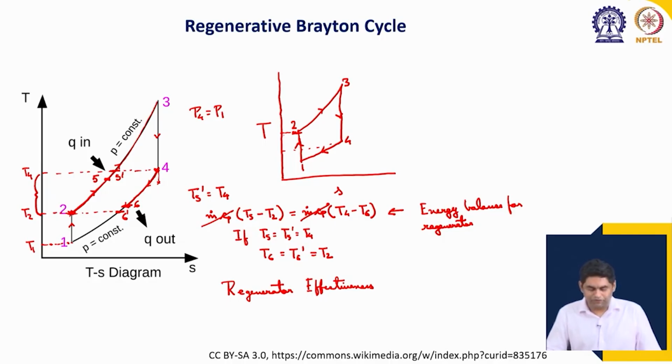Okay. So, for practical cases, the temperature T5 at the exit of the heat exchanger will be slightly lower than temperature T4 and temperature T6 also will be slightly higher than temperature T2. Okay.